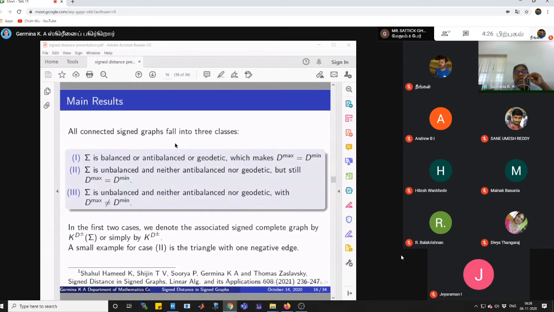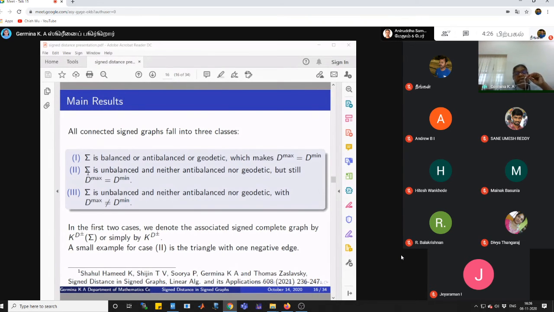All connected signed graphs fall into three classes. With respect to this definition, we can think of all signed graphs falling into three classes. The first class is where sigma is balanced or anti-balanced or geodetic, which makes D max equal to D min.